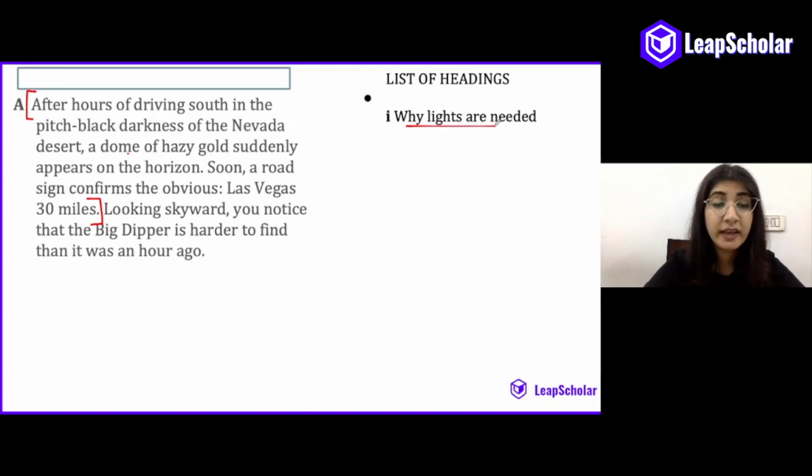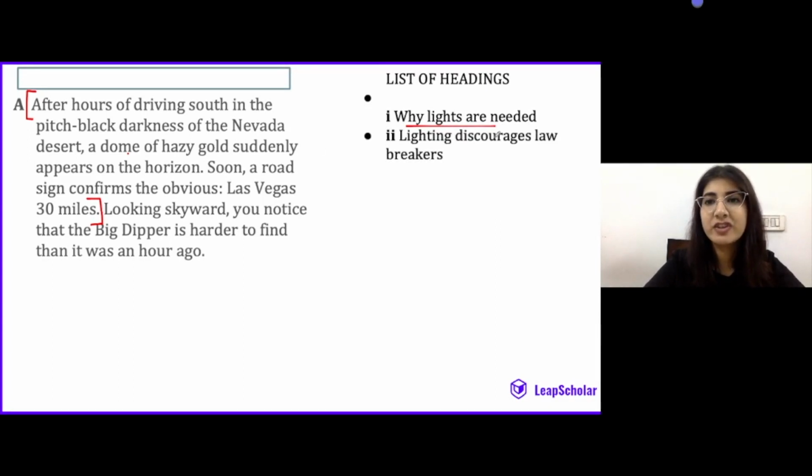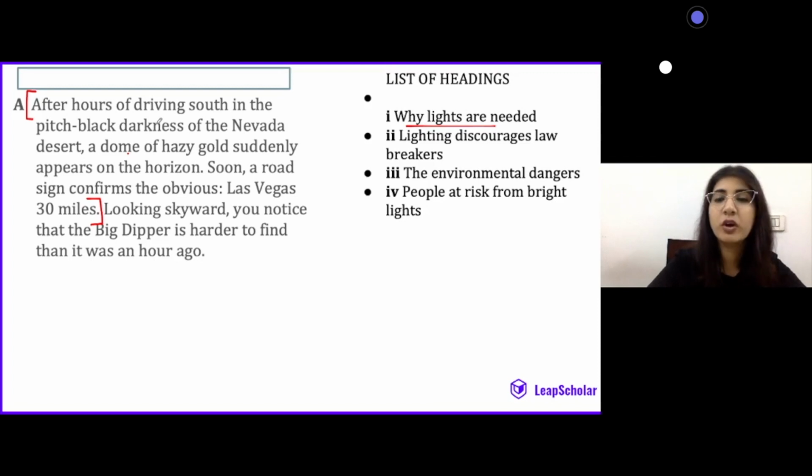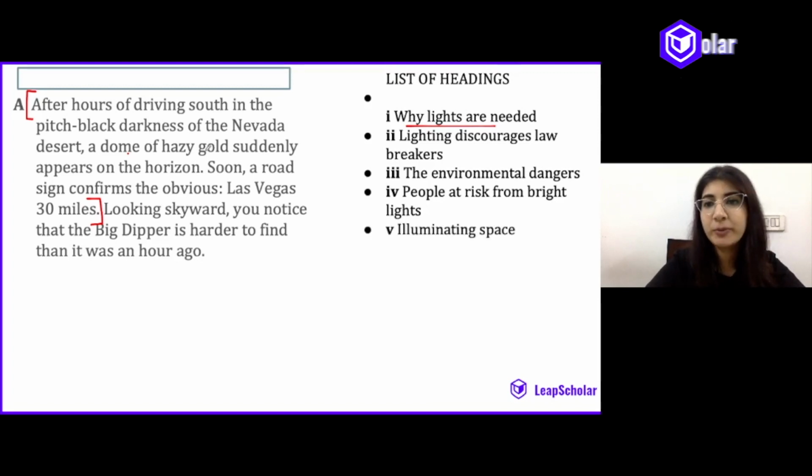And as is obvious, these 2 sentences do not talk about the reasons for the requirement of light. Let's look at the second one. Light discourages lawbreakers. All right, this also is not apparent in these 2 sentences. Moving forward, the environmental dangers. So no dangers are present in the entire paragraph. And people are at risk from bright lights. So no. It talks about pitch black darkness, but it does not talk about bright lights. And illuminating space. So no.